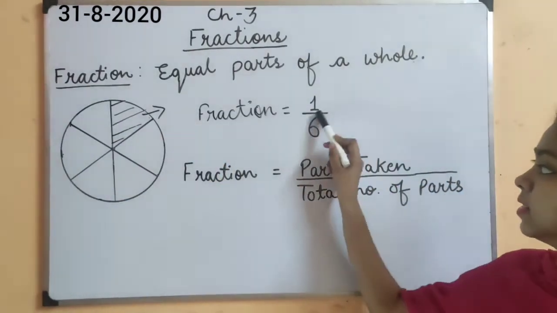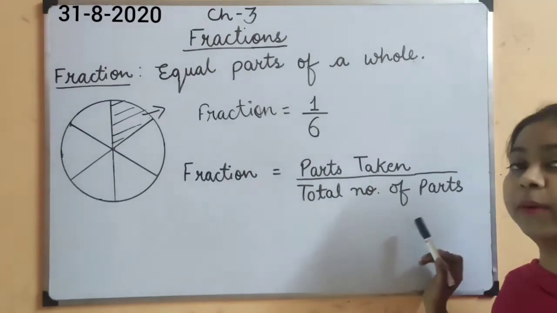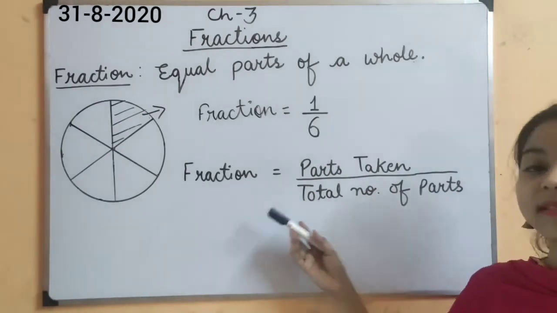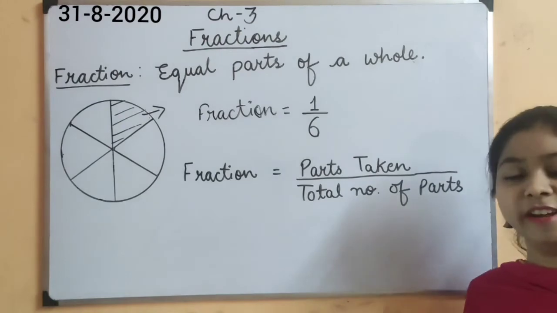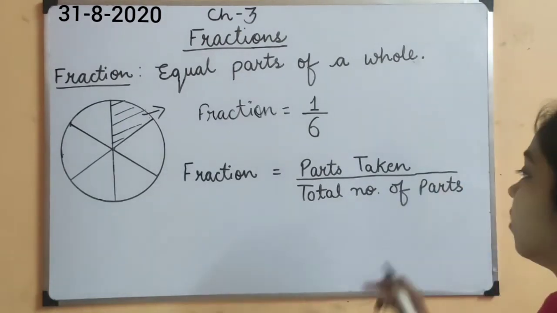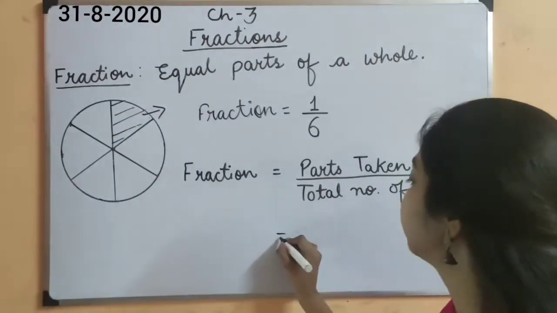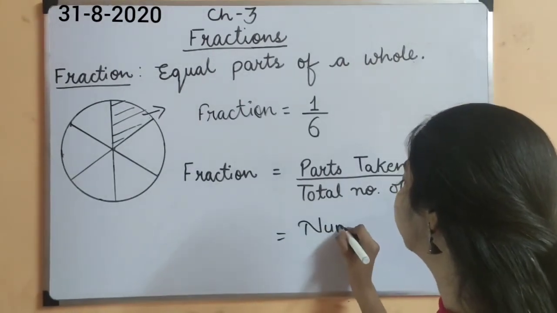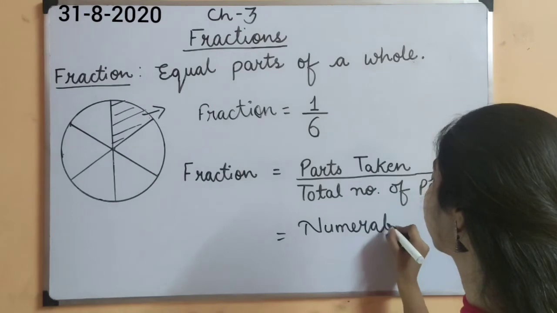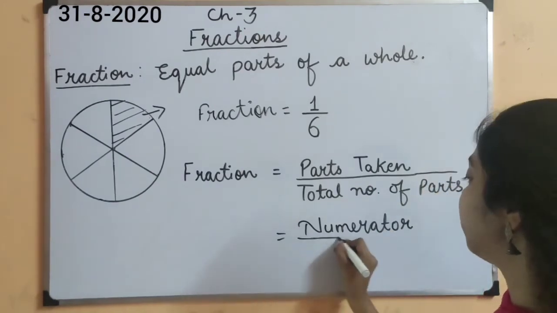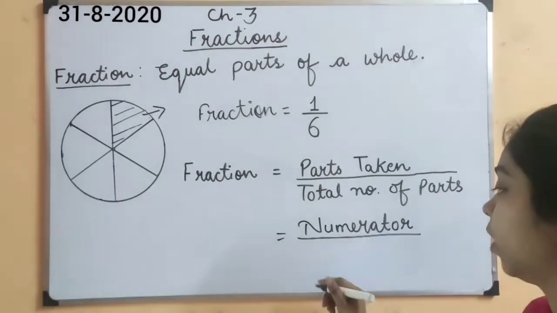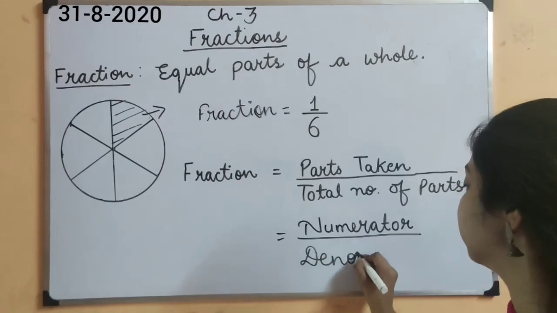And here 6 is represented as total number of parts. So, this is the form in which fraction is written. And we can also say this parts taken, the above part, as our numerator. And the part which is below we call it as denominator.